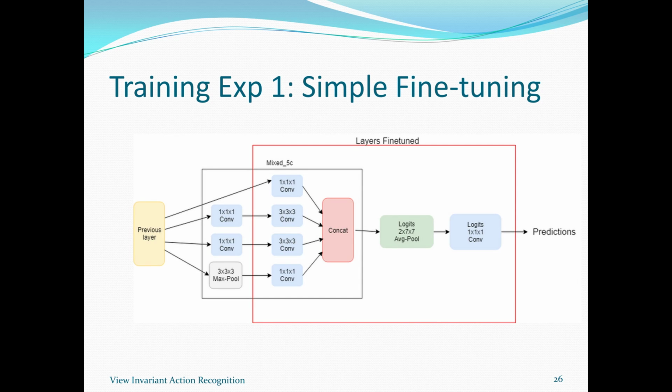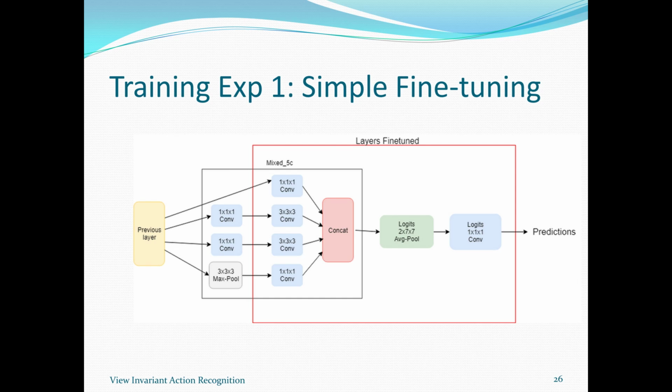We have 7 different parts and then 4 different streams, which become smaller, and then they're concatenated and put back into the network. And this is what made Inception so very good at what it does. And we trained only half of this. So we tried different things, and this is the one that was optimal.